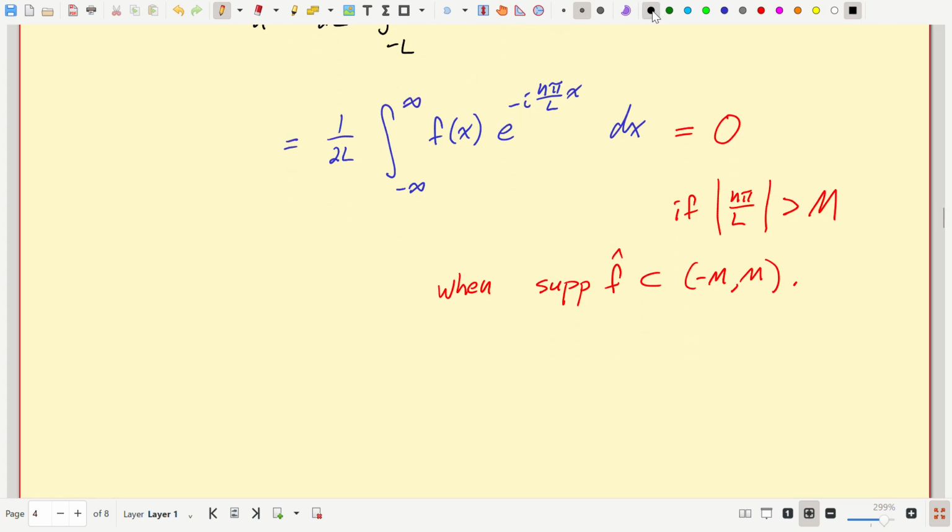The argument is exactly the same. You just have to put an L where the pi's are. Questions about that? That's kind of nifty.